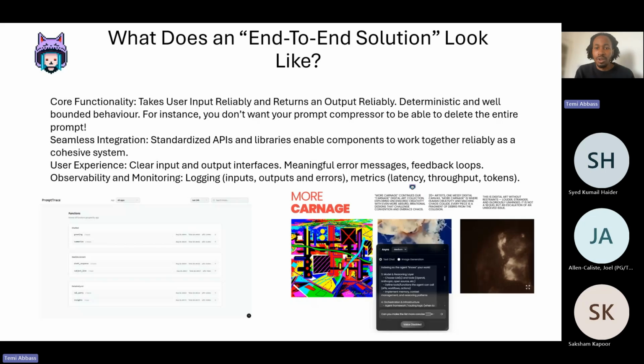It's also good for various use cases, such as evaluating the quality of responses and more. That's an example of how you might implement monitoring around your own solution. On the right is our chatbot, for which we used Prompt Trace. So that is what an end-to-end solution looks like in our opinion.